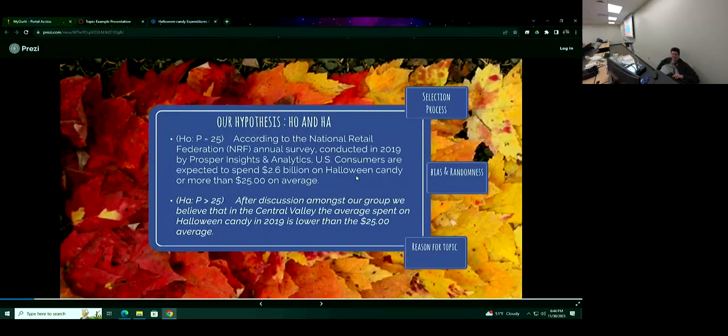But then they said H naught P was 25, HA P is greater than 25. They told me where they referenced the source that people spend on average more than $25 on candy. They used the wrong symbol here, was the mistake. P should have been mu, not P. This was a means test, so they didn't get 100%, but they got a high score.